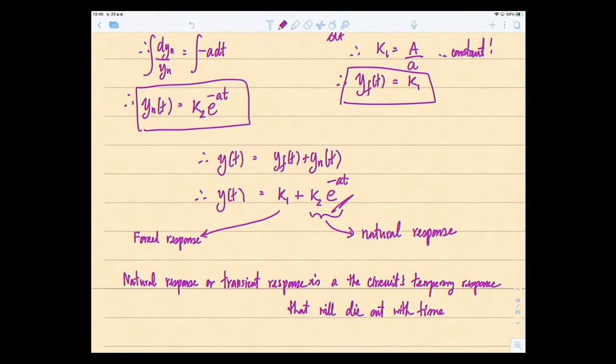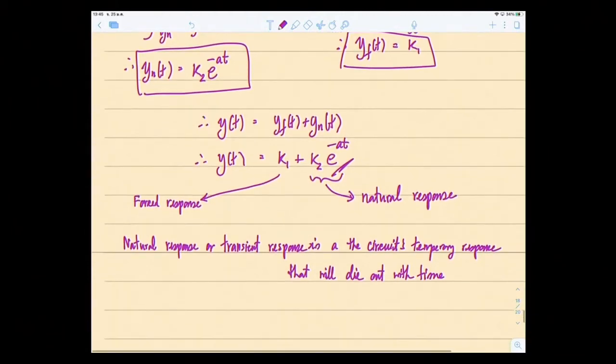So that's the natural or transient response. But the forced response we can also call the steady-state response.